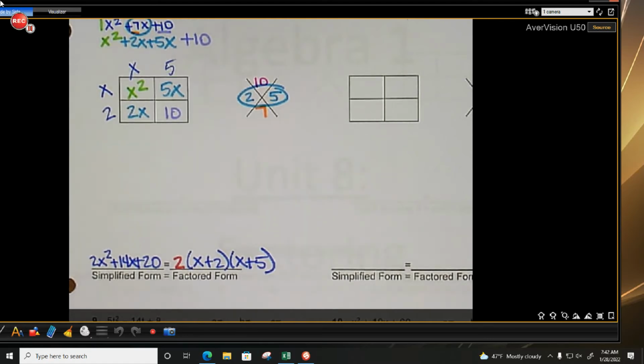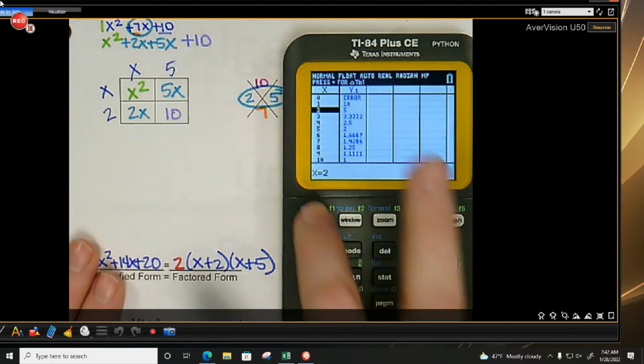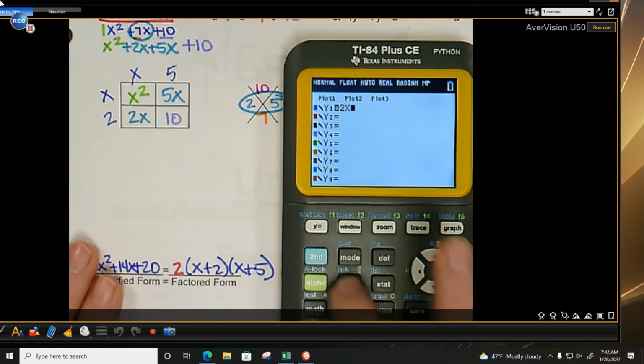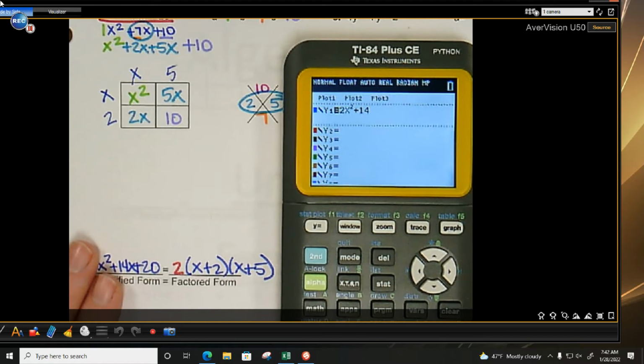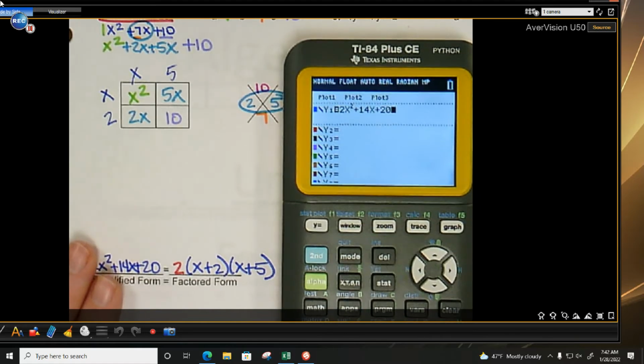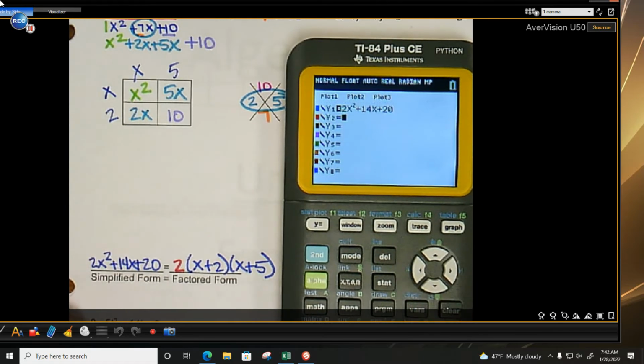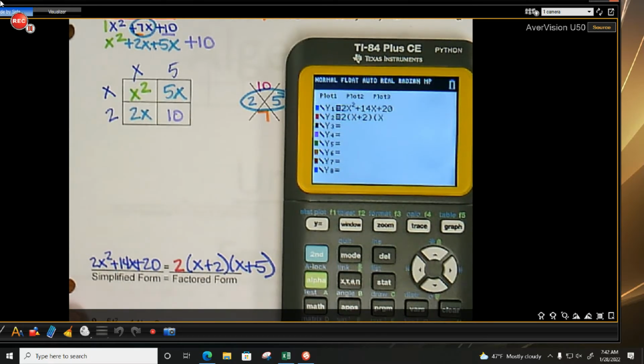What can I do now? Check it on me. Calculator, do that. Put your original simplified form in y1, then put your factored form or your answer in y2.